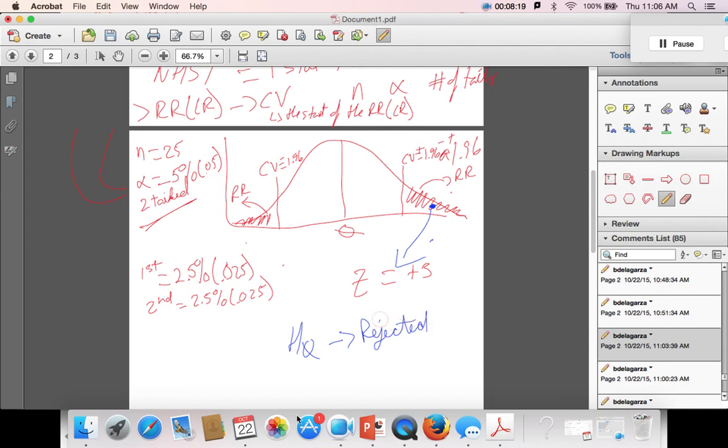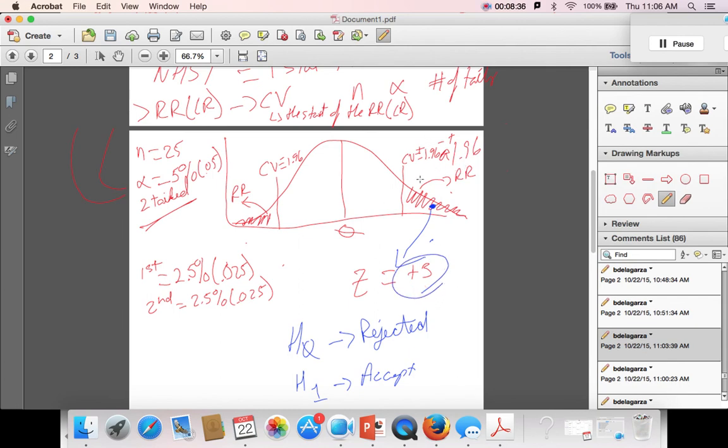So since I've rejected the null hypothesis, what does that mean for the alternative hypothesis? This is accepted. So why have I done this? Well, because remember, my statistic that I calculated for my study was equal to a positive 3.